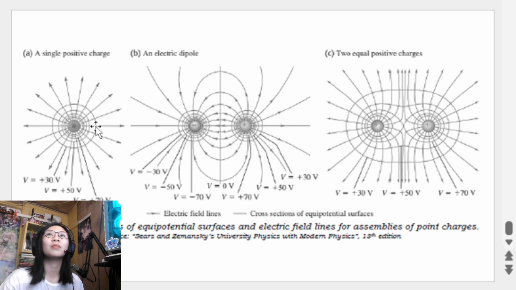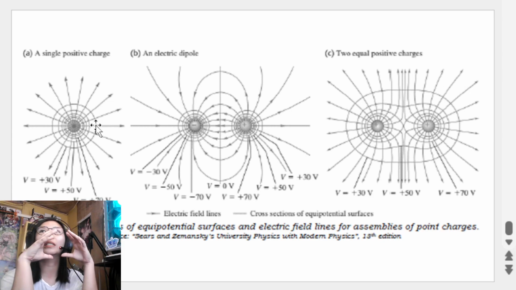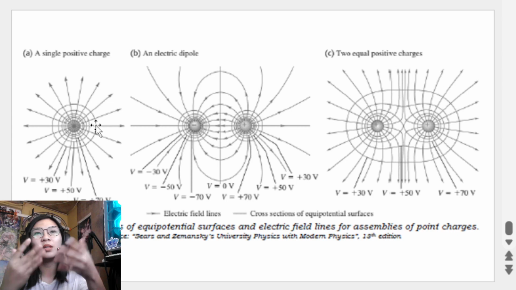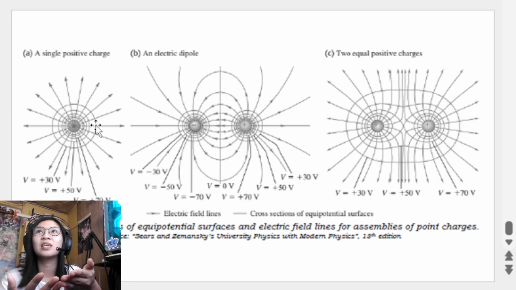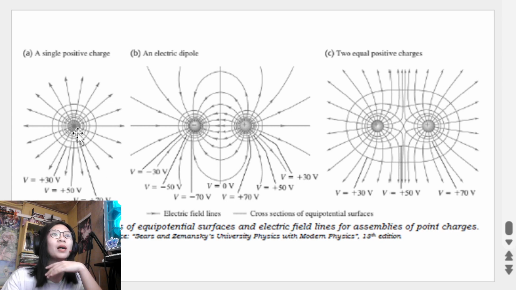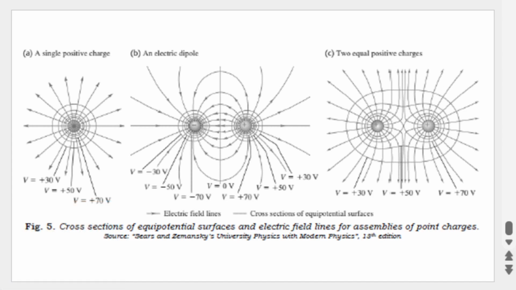The closer the equipotential surface is to our charge, the stronger it is, meaning the greater its potential. As you can see here, near the charge, which is positive, the potential is positive 70 because it is a positive charge, and its field lines are outward.